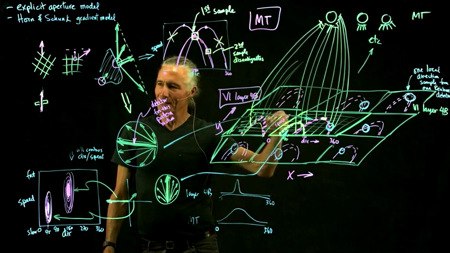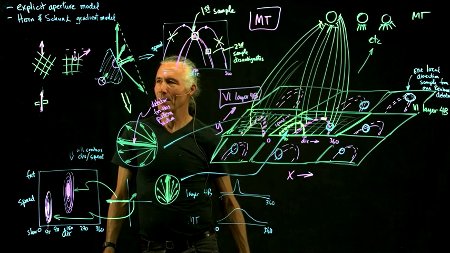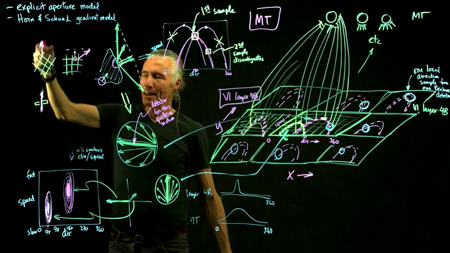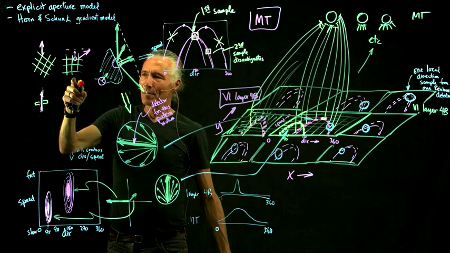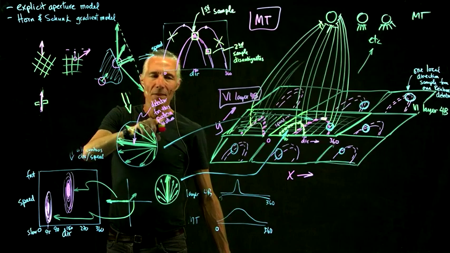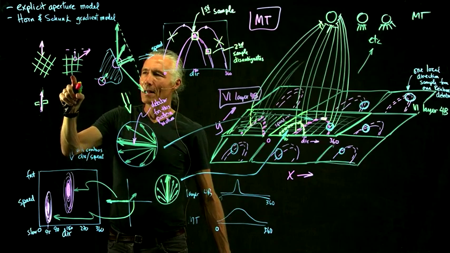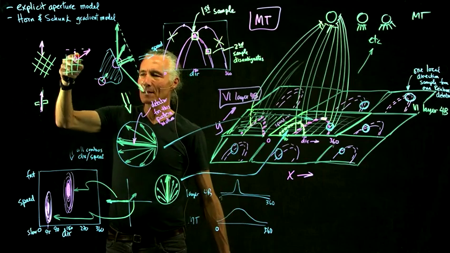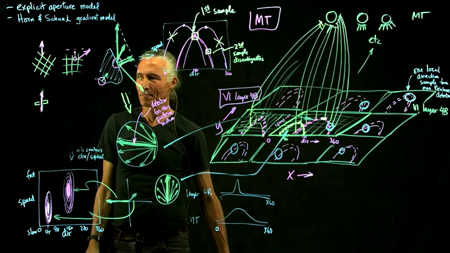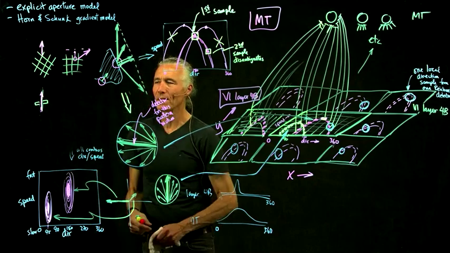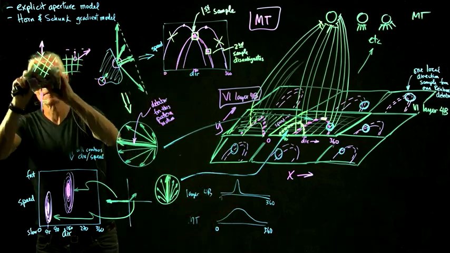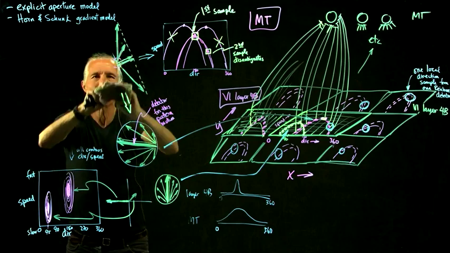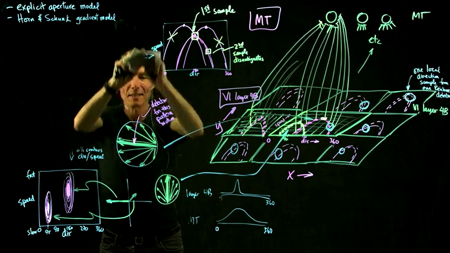Nobody has worked out all the detailed connections, but it's a possible explanation for how come MT can actually detect that the pattern is going up when it's getting input from layer 4B in V1 that cannot solve this problem, that's confused and only detects perpendicular motion. Yeah, so you can think of it as a neural model that's a possible explanation for how MT might be doing this.